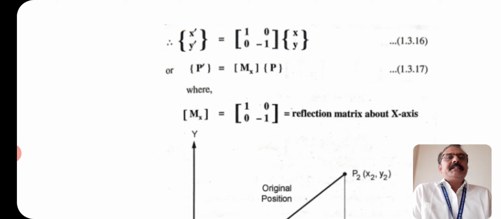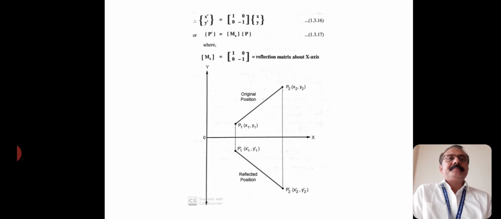Mathematically, P' is equal to matrix Mx into matrix P. Mx is nothing but the reflection matrix or mirror matrix about x-axis, where Mx is equal to [1 0; 0 -1]. As we know from the geometry, x' is equal to x, therefore the x coordinate is 1, and y' is equal to minus y, therefore the y coordinate is minus 1. Therefore it becomes [1 0; 0 -1].